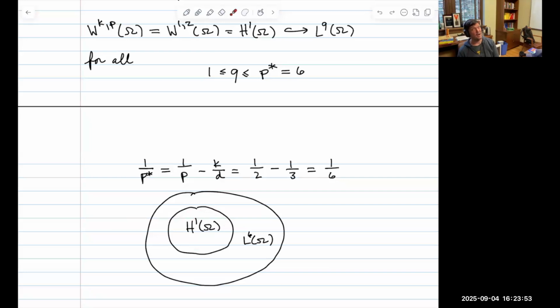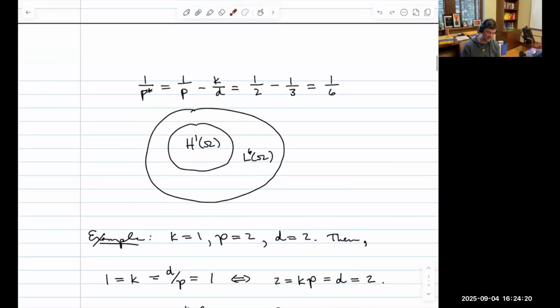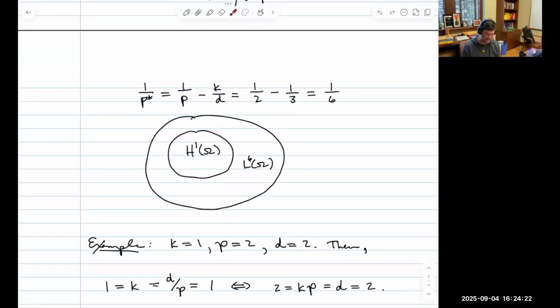It's saying spaces that are functions that are weakly differentiable such that the function and its derivative are in L2. Well, what this is saying is that the function itself is actually in a space with a higher Lebesgue exponent, namely up to 6. So this is telling us something nice, even though it's in that subcritical case. It's saying that all the functions of this space are actually in L6.